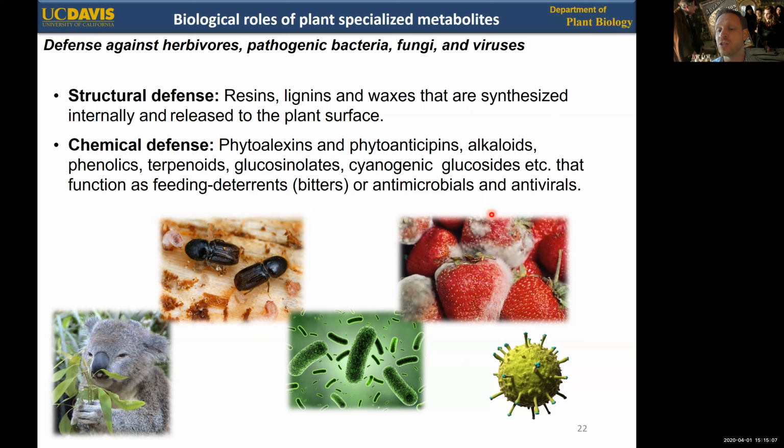So that's sort of the major difference between those two groups. And these really cover largely all of the groups we touched on. So the alkaloids, phenylpropanoids, especially the higher molecular weight ones, terpenoids, glucosinolates, cyanogenic glycosides, all of these are sort of the major groups of constitutive or inducible chemical defenses.